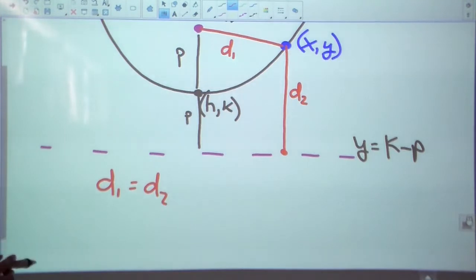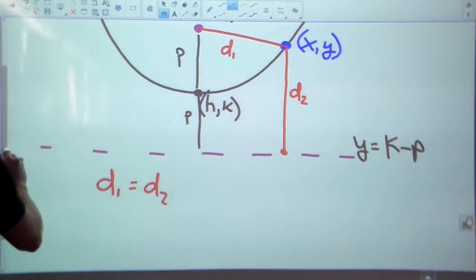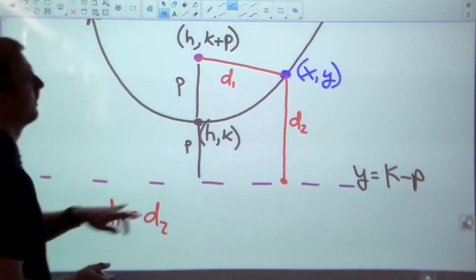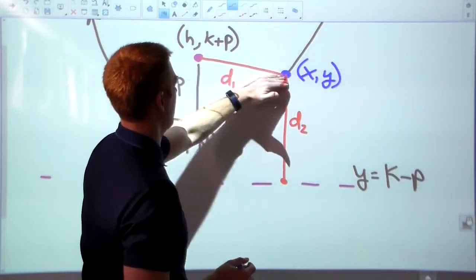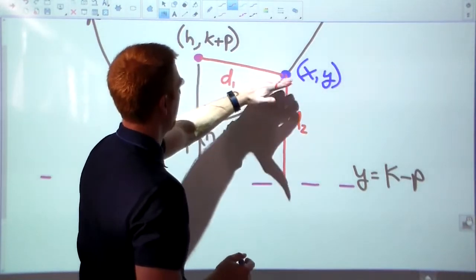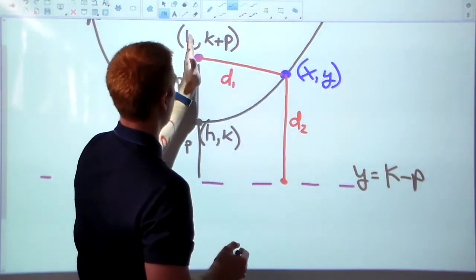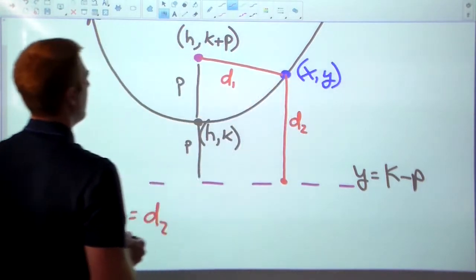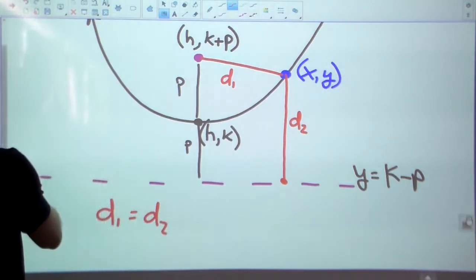Now the challenge is, let's define what D1 and D2 are. Well, D1, for the x-coordinate, you can think of a distance formula. If you made a little triangle here, it's going to be x minus h, or h minus x, whichever you want to go. So I'm going to say (x minus h) squared.